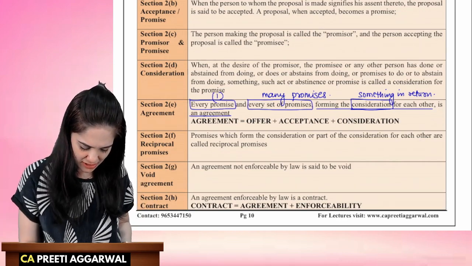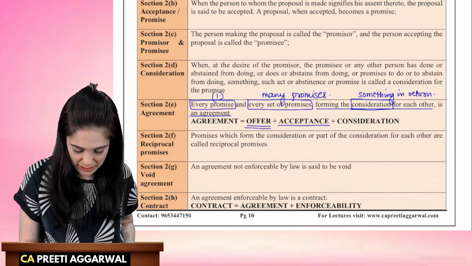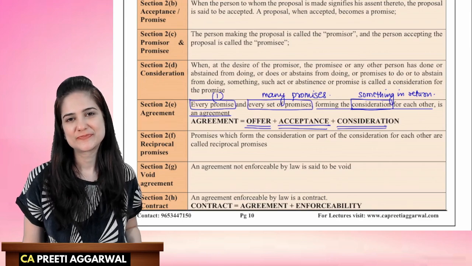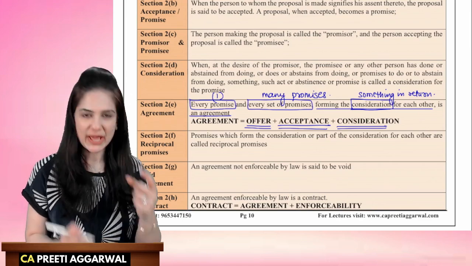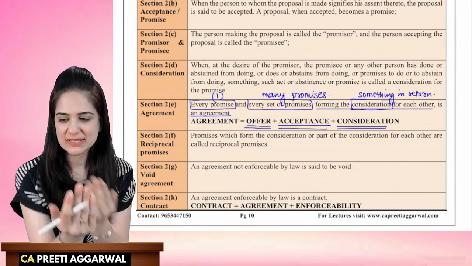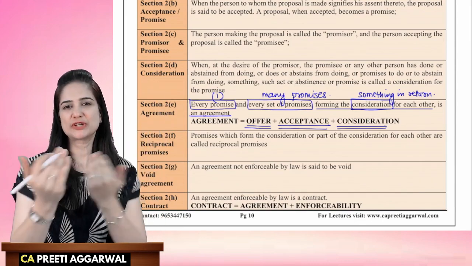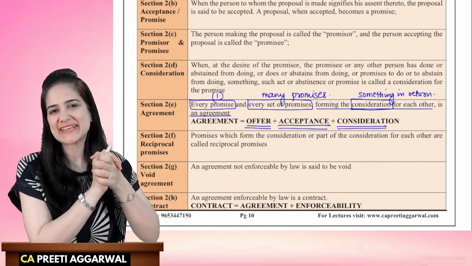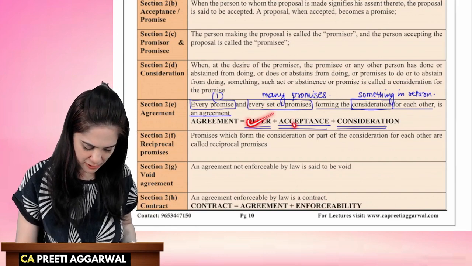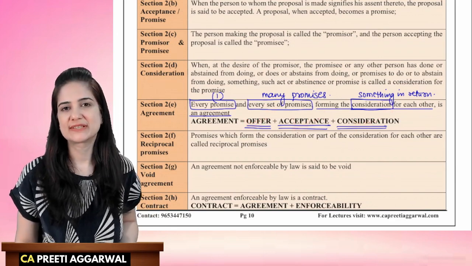Agreement is nothing but offer plus acceptance plus consideration. Every promise and every set of promises forming consideration for each other is an agreement. Agreement is nothing but offer plus acceptance plus consideration.